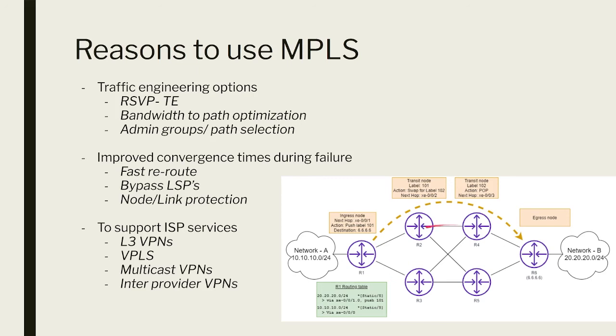On the ingress from R2 to R4, it sees that the action matching the label it's receiving is to pop that label. Then it just says the next hop is going to be out of that interface, in this case, port 3. We send it towards R6, and happy days, it gets there. R6 is now just receiving that as a layer 3 packet rather than an MPLS packet. So that can save us a little bit of processing time on that final egress device.